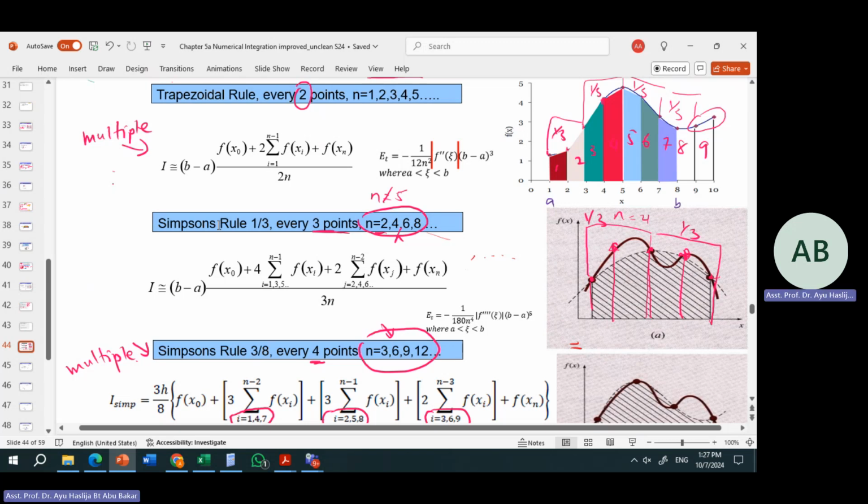The higher the points, the higher the accuracy. So in general, Simpson 3/8 requires more points. If you use multiple application of trapezoidal, you will have a higher accuracy as well, because you have more points.